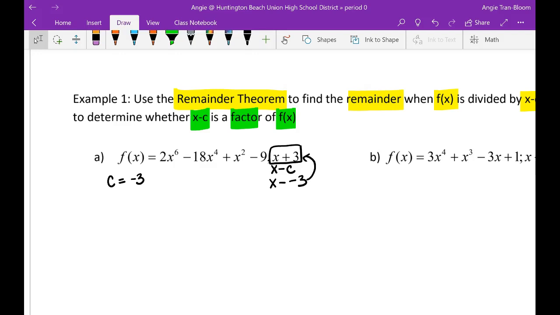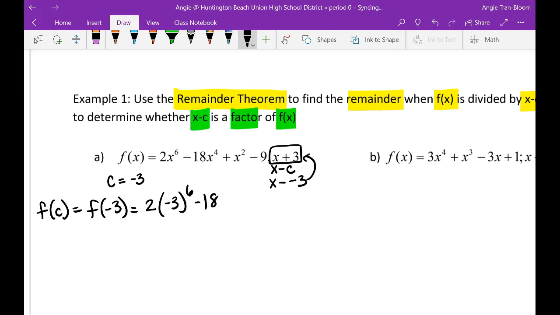So to find the remainder, we're going to plug in f of c. C in this problem is negative 3. So here we go: 2 times negative 3 to the 6th minus 18 times negative 3 to the 4th plus negative 3 squared minus 9.